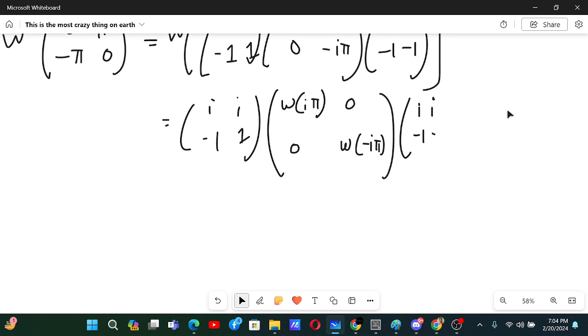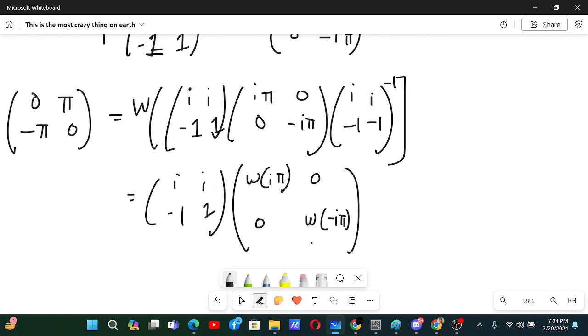Let us go back to over here and take the inverse first. I'm extremely sorry for that. So the inverse will be 1 by 2i. No, how 2i? This is minus i, and is that plus i?